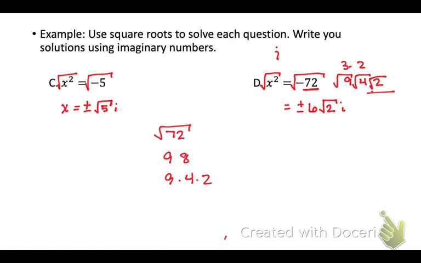So the square root of 9 is 3. The square root of 4 is 2. And the square root of 2 is just the square root of 2. So what's 3 times 2? 6. So the square root of 72 equals 6 times the square root of 2.